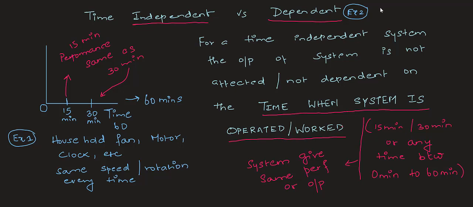Depending on the sunlight or the temperature of the day, the performance of the solar panel, solar watch or solar calculator will vary. Any solar electronic device is a good example of a time dependent control system.